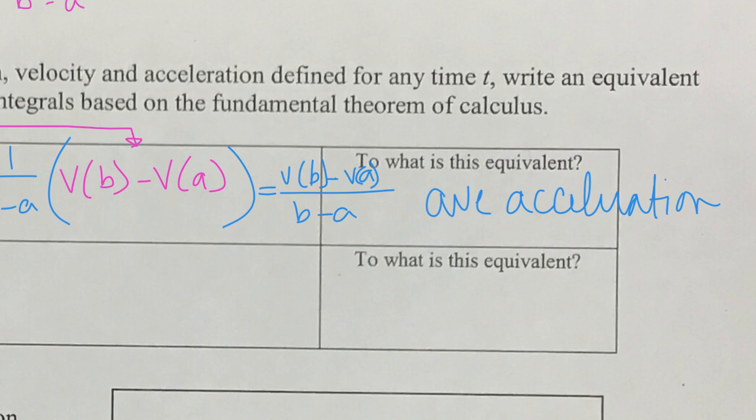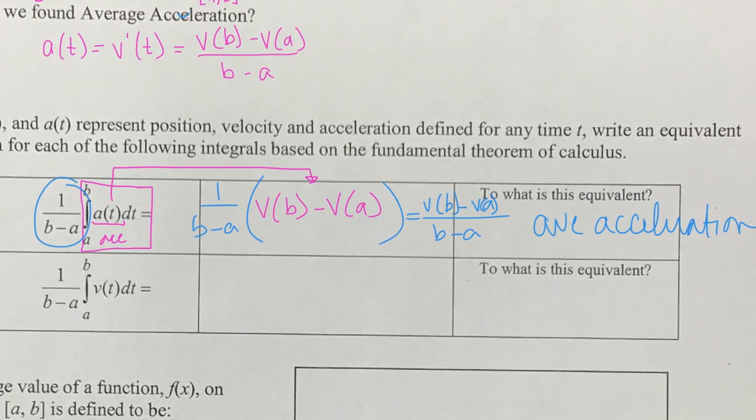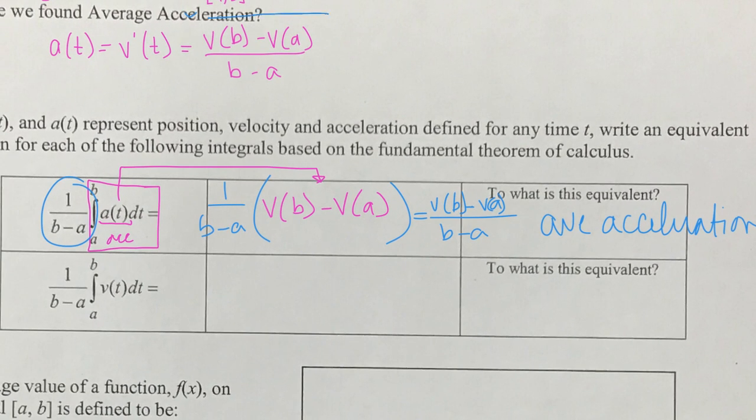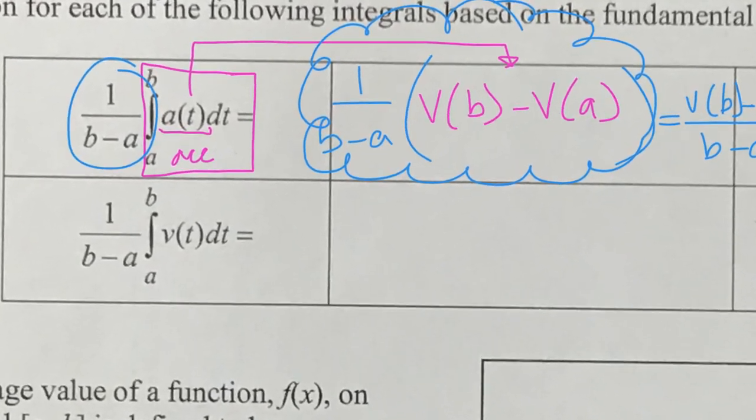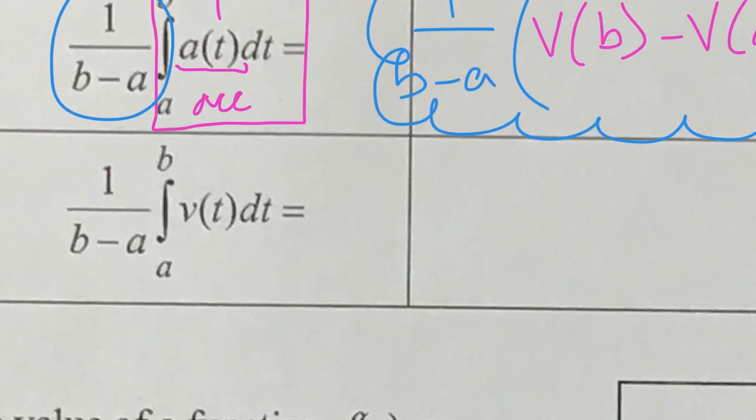That's exactly what we showed a second ago: average acceleration is V of B minus V of A divided by B minus A. And that's exactly what you get when we have 1 over B minus A times the integral of acceleration. We'll find a very similar thing here, because V of t stands for velocity.